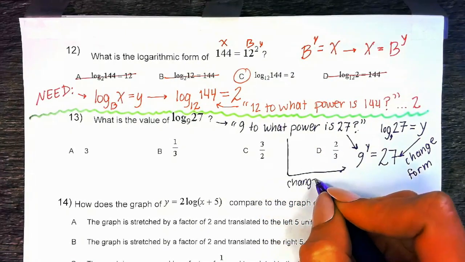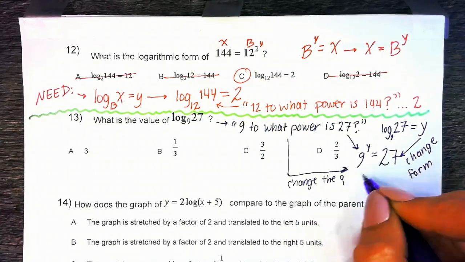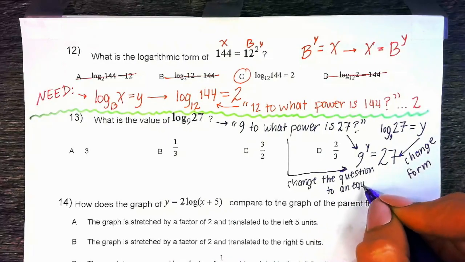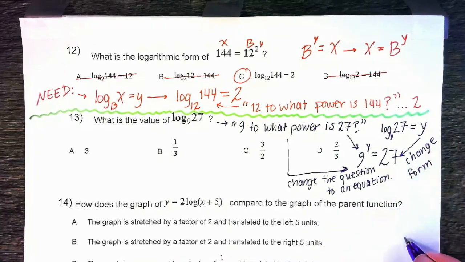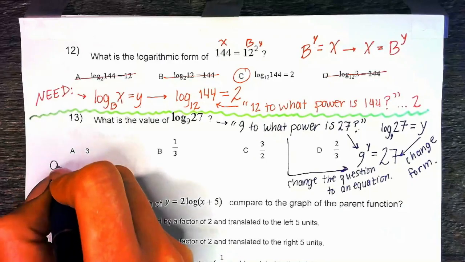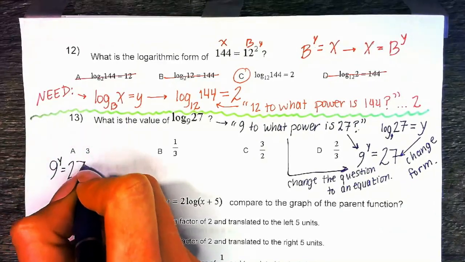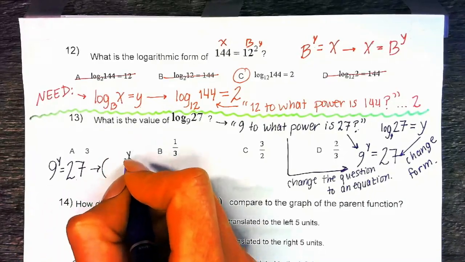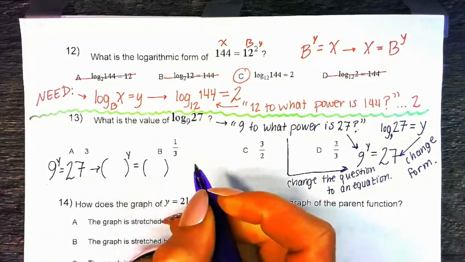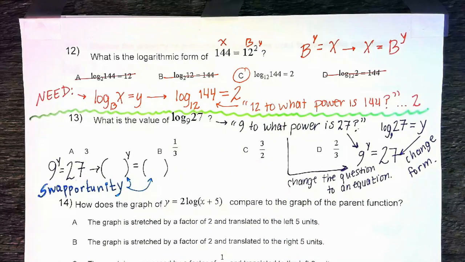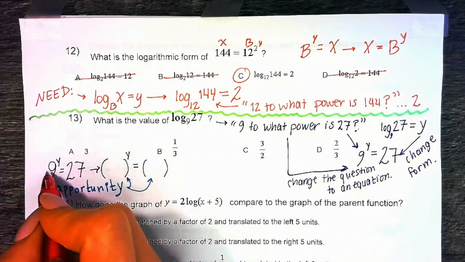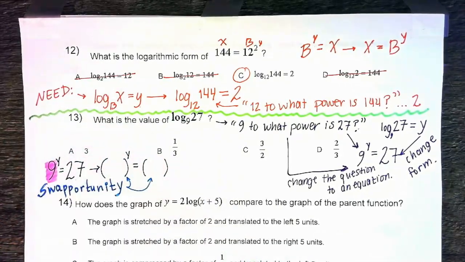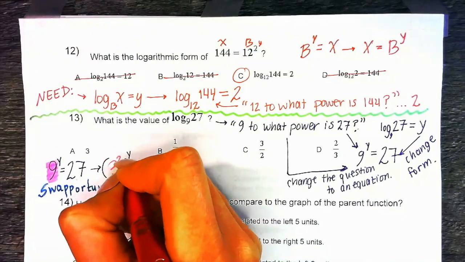We like to look at this one in logarithmic form because it's a perfect candidate for us to use a swapportunity. Both the numbers 9 and 27 can be written as the base 3 raised to a power. 9 can be replaced with 3 to the second, and 27 can be replaced with 3 to the third. 3 to the second to the y becomes 3 to the 2y, because when you raise something to a power and then raise that to a power, we multiply the exponents.